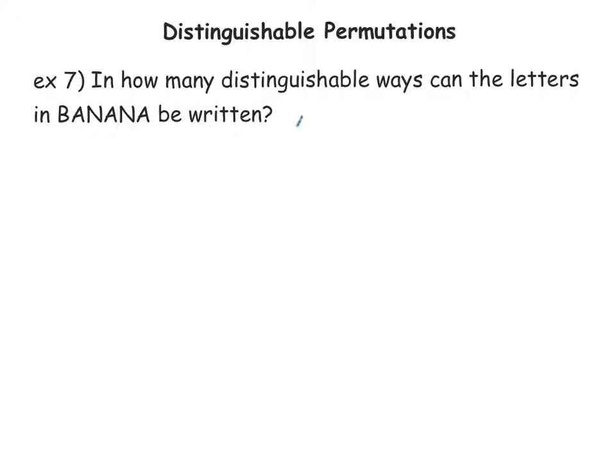So for A's, we have 3 of them. N's, we have 2. B's were fine. I just have 1 of those, right? Notice all those add up to 6. Okay?